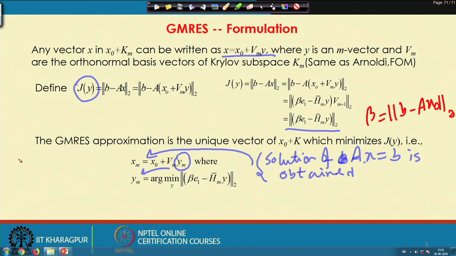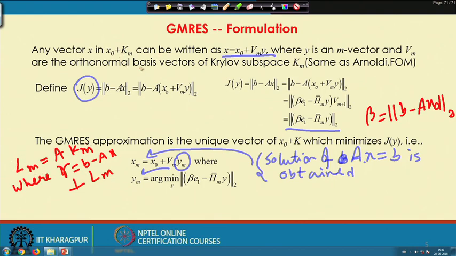Here we are using the same discussion, and we write that L m is equal to A K m, where r is equal to b minus A x is orthogonal to L m. The residue vector is orthogonal to the space L m, and L m is equal to A K m, and what is K m?